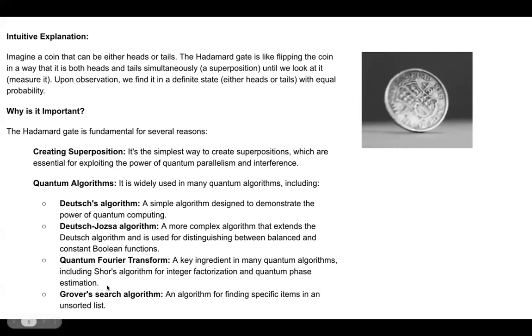There are different quantum computer algorithms. We are not going to go into detail because this is about the Hadamard gate and not about these algorithms. We will cover them in subsequent videos, but it is used in most quantum computing algorithms.